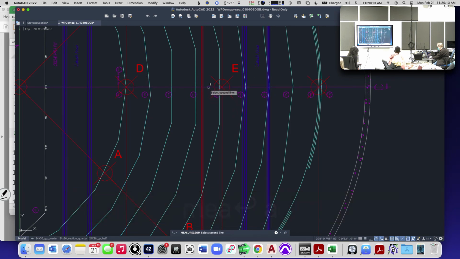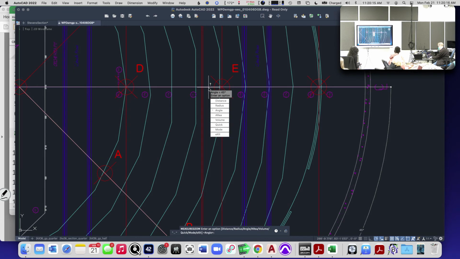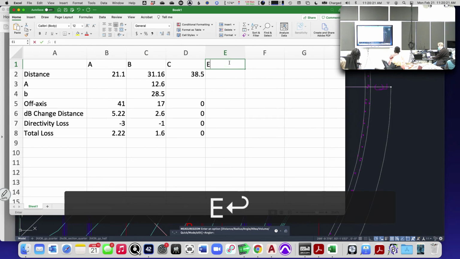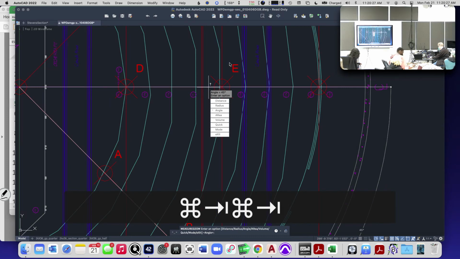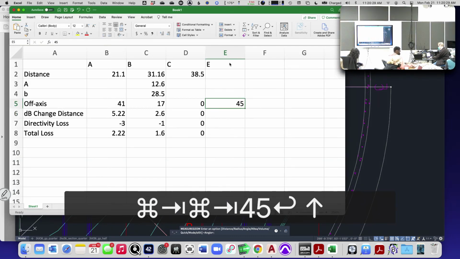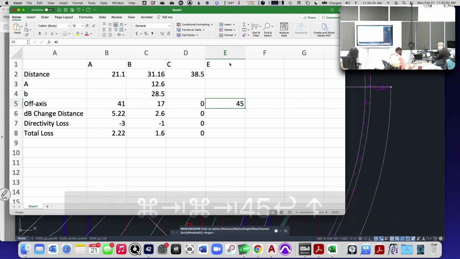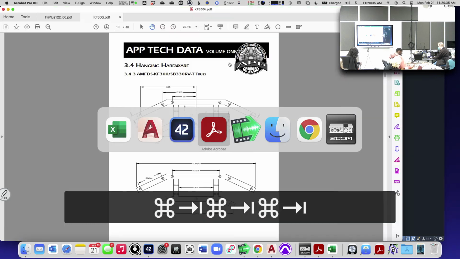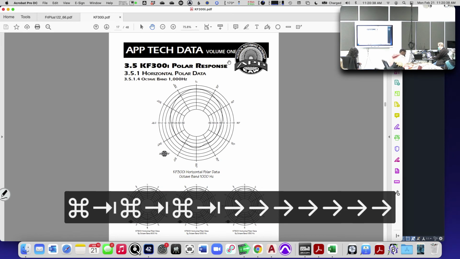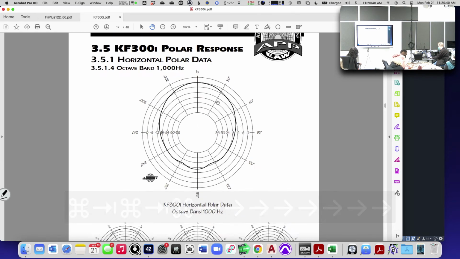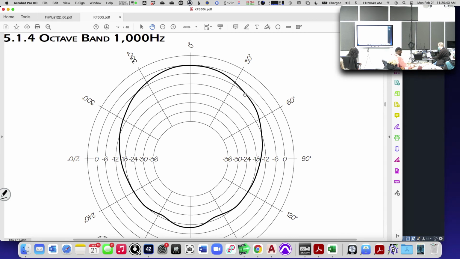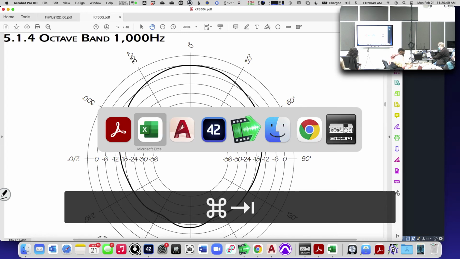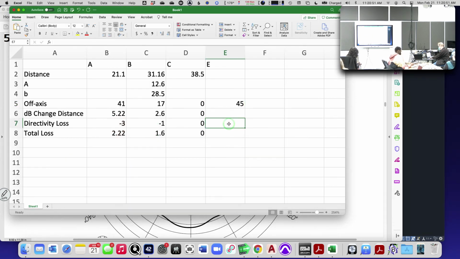We are now 45 degrees off axis horizontally to seat E. What did it say? 45 degrees. Okay, now we know if we look at the horizontal polar plot, 45 degrees is, oh, gee whiz, look, 6 dB down. See that? So directivity loss, -6.